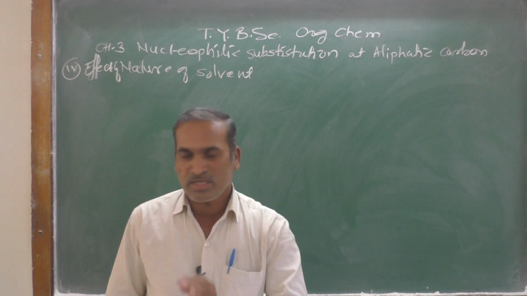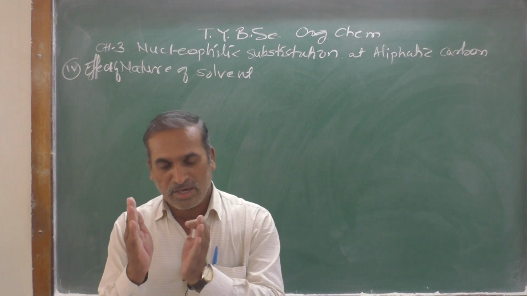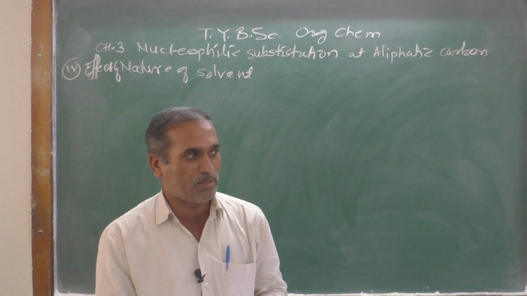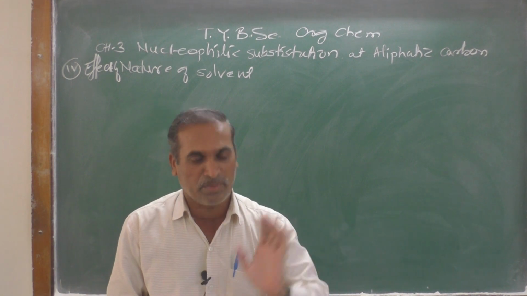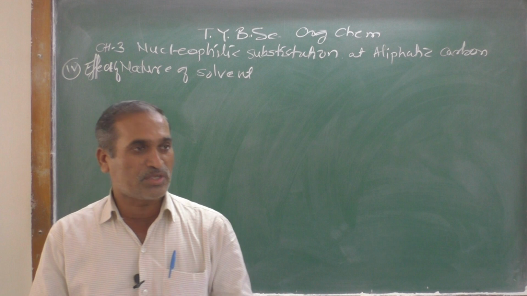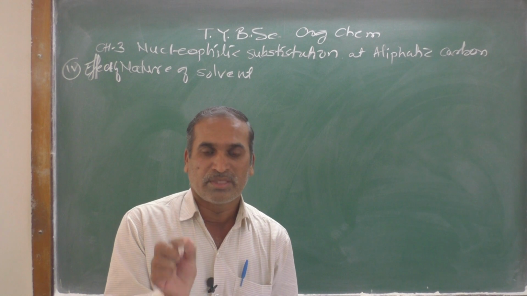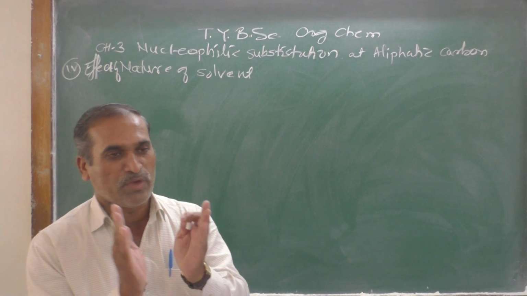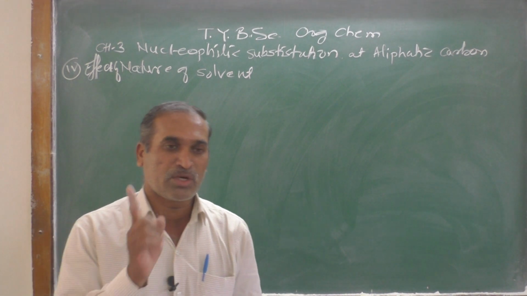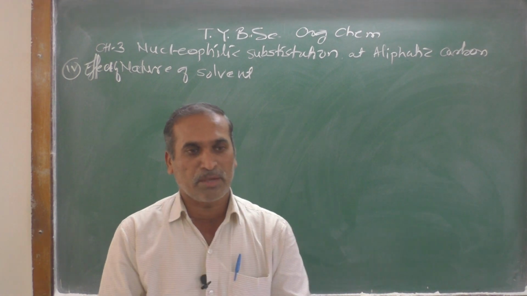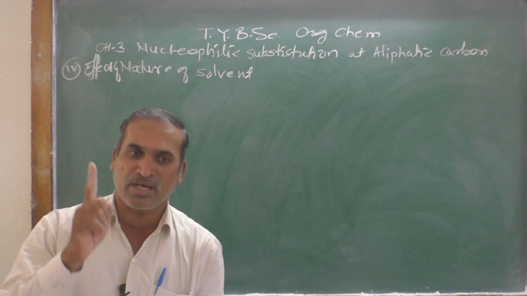Generally, in the SN1 reaction, there is a formation of carbocation, right? Without solvent, there is no formation of the carbocation, so the nature of solvent plays a very important role in the SN1 reaction, because the intermediate formed is a carbocation.